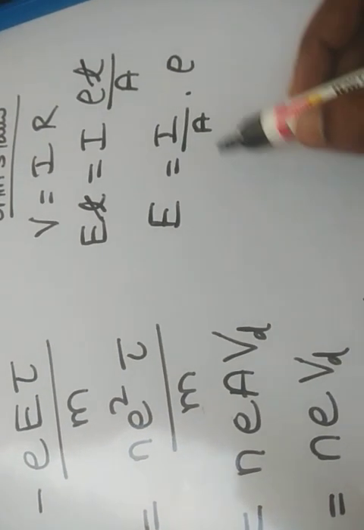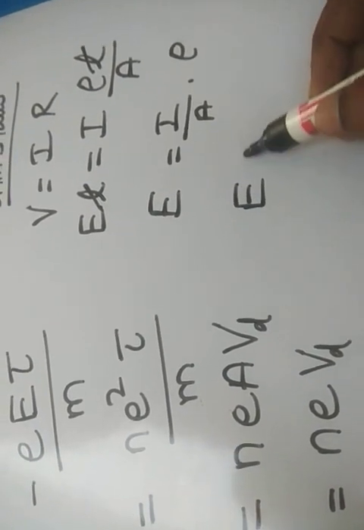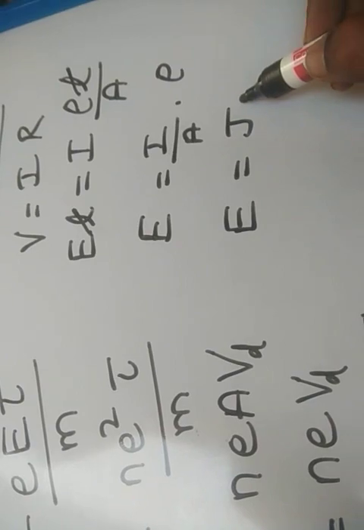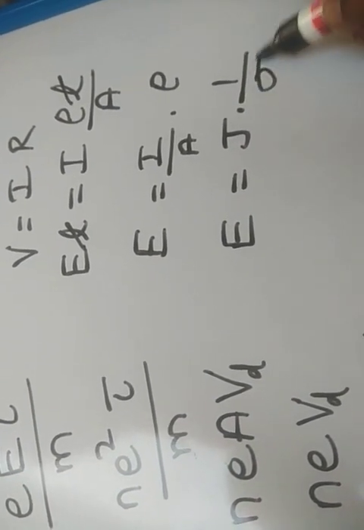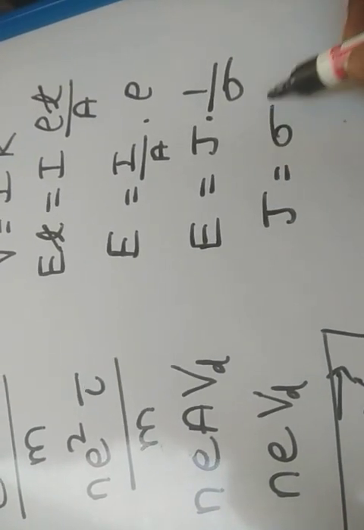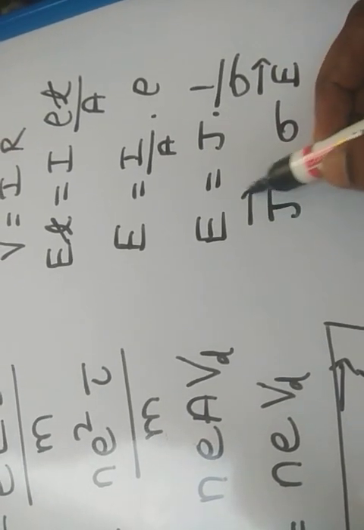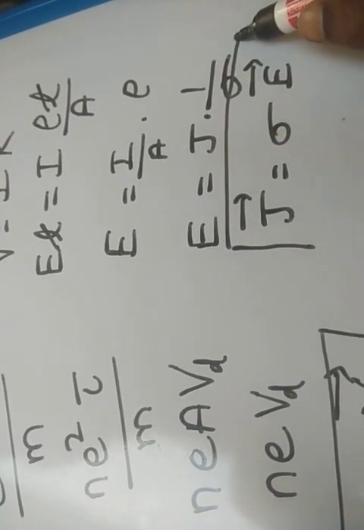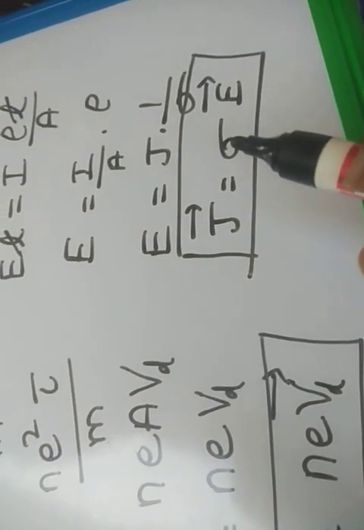So what is I/A? I/A, current by area, is the current density. E is equal to J times the resistivity, which is the inverse of conductivity. So we can write that J is equal to σE. This is the vector form of Ohm's law. J is the current density, E is the electric field, and σ is the conductivity of the material.